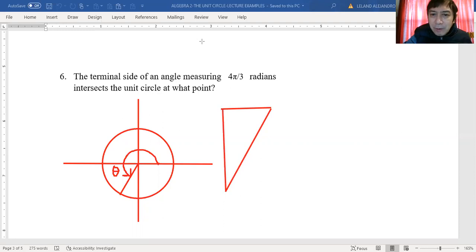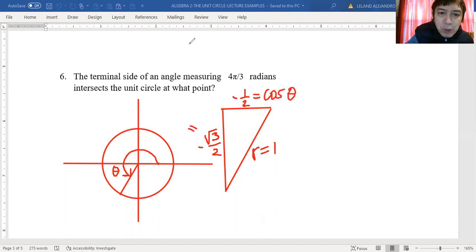Imagine this is your radius 1, and this is the x value, which is negative 1/2, and this is the square root of 3 over 2, negative there. This is the cosine theta, and this is the sine theta.